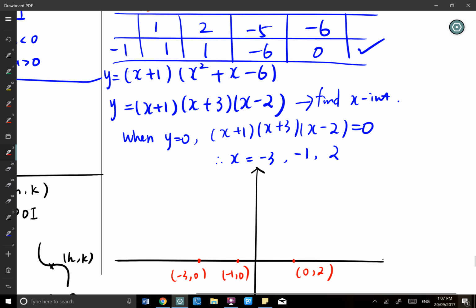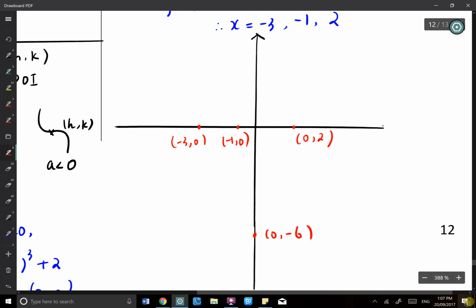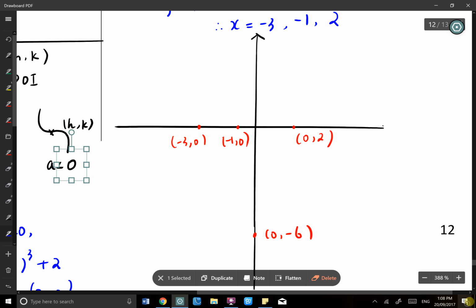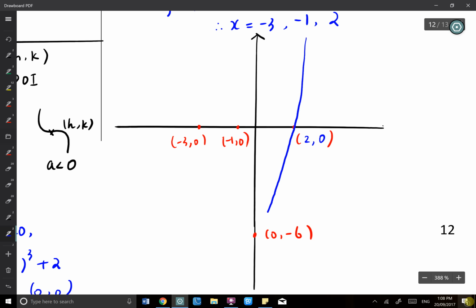So for this one, my leading term is greater than 0. So I will start from the top right, somewhere here, okay? I start from that. And then which hole do I need to go through? The first hole I need to go through is the 2. Sorry, I wrote this in the wrong order, 2. I will start from the right and go through the first one. Okay, the next one I will go through is that one. Can you see there's another hole here?